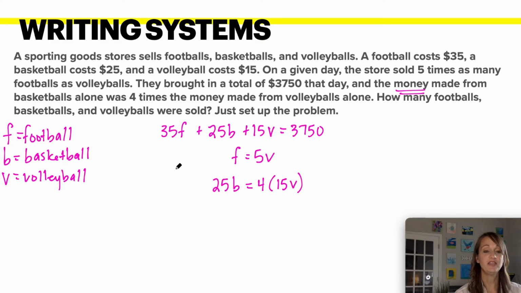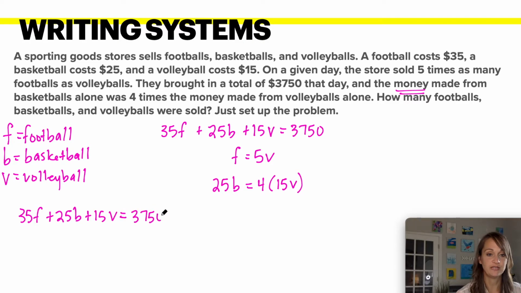So we will have the equation 35F plus 25B plus 15V equals 3750. We will have F plus 0B minus 5V equals 0, because I had to solve the second equation. I need to line up the F, the B, and the V. So in order to do that, I had to subtract 5V.